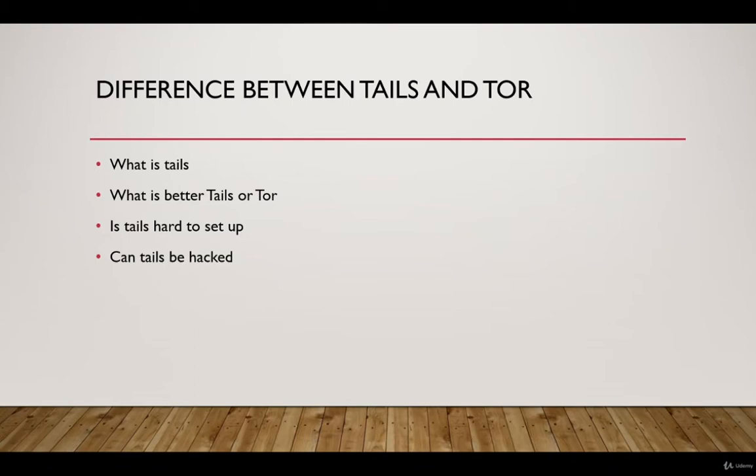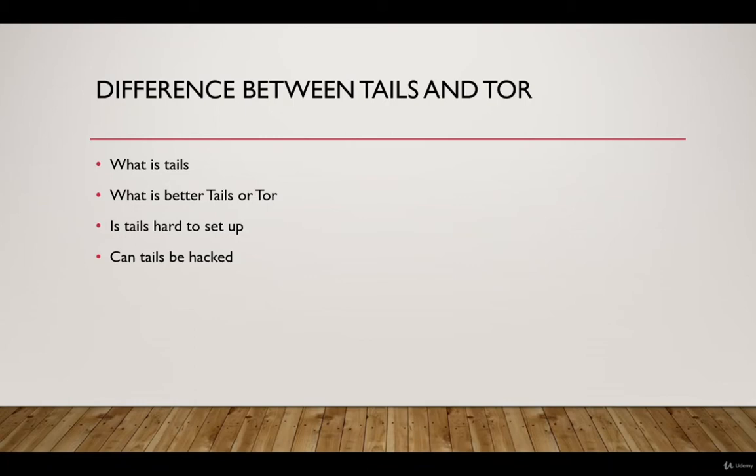Is it better than Tor? Well, not really, because as I said, Tails is an operating system and Tor is the browser. But practically, yes, it's better. Why? Because you are able to use Tails anywhere you want. Tails is not installed on your computer; it will be installed on a USB key or a DVD-ROM.